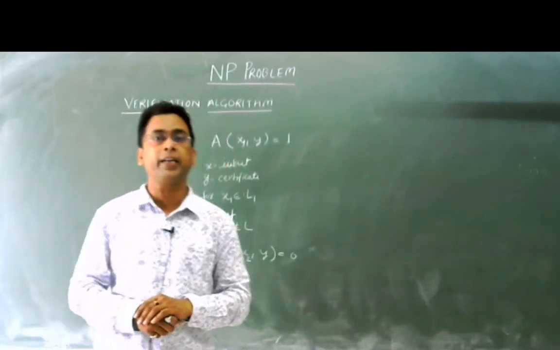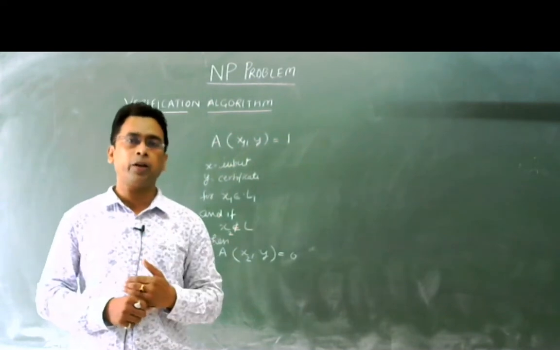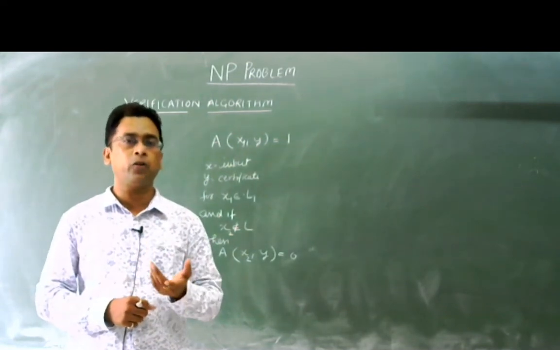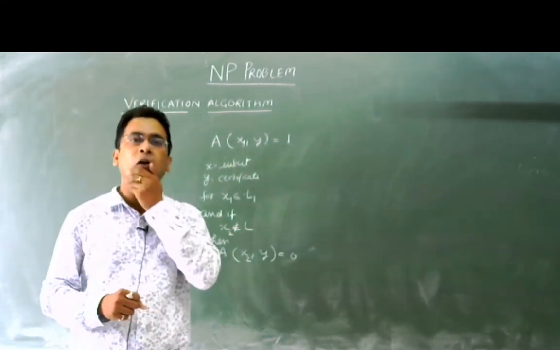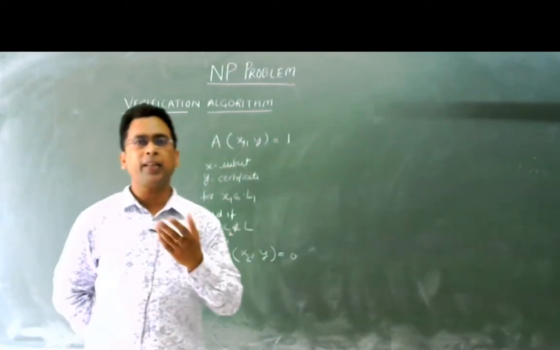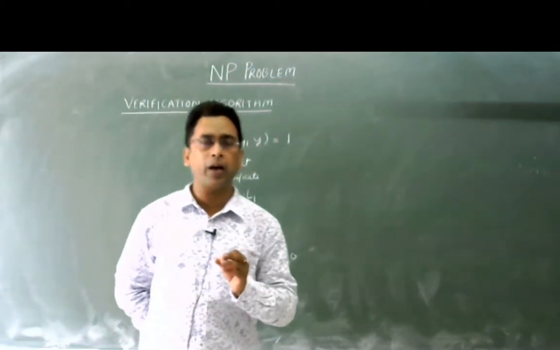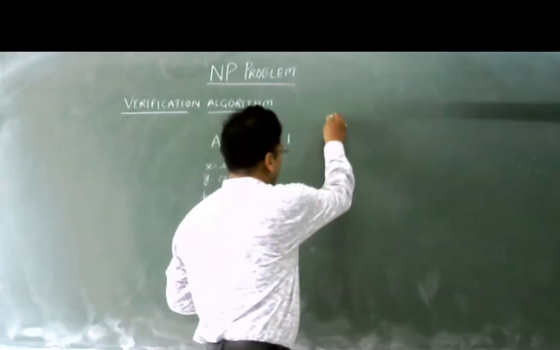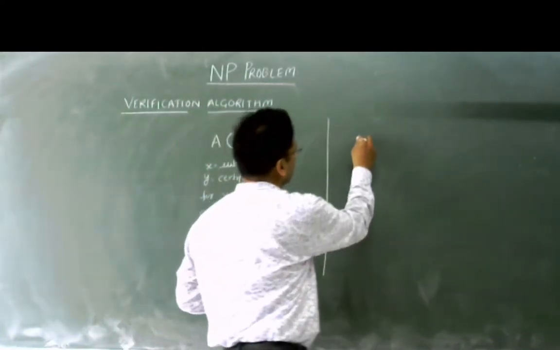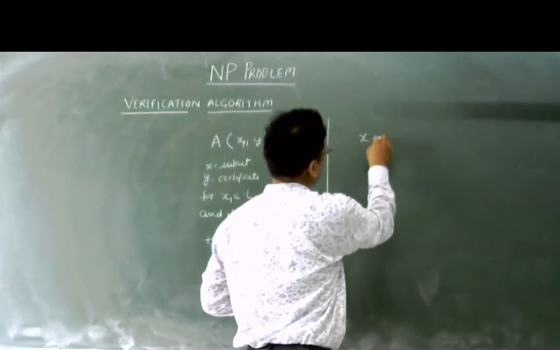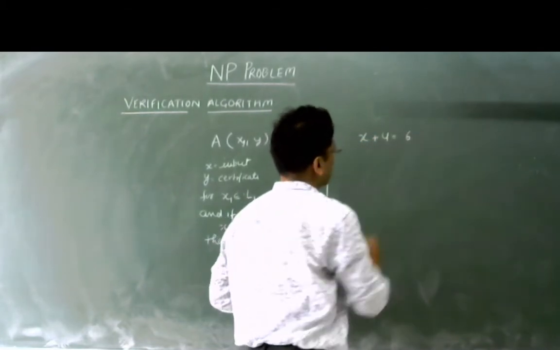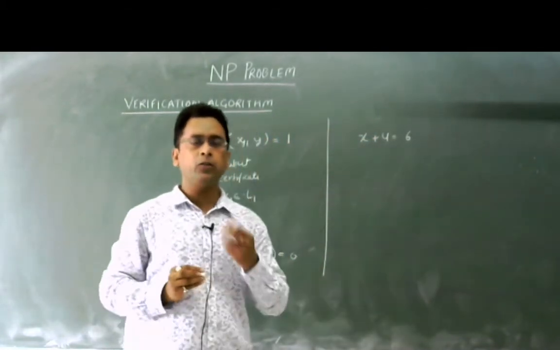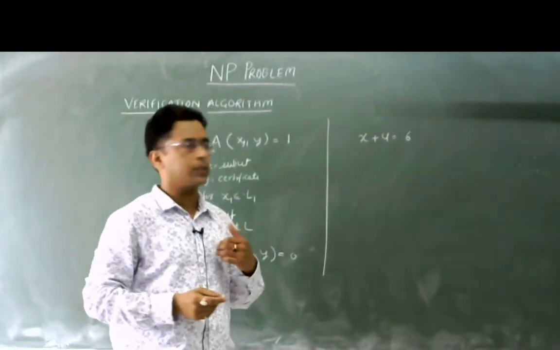We are not creating input, we are just taking the input and verifying whether it is right or wrong. For example, there is a maths problem, and somebody says that the number is such that x plus 4 is equal to 6, and somebody doesn't know the answer.